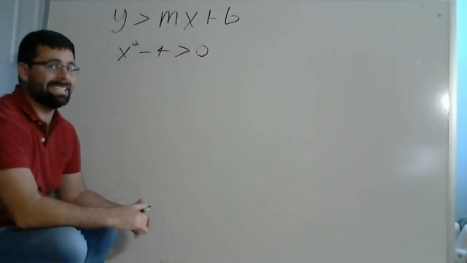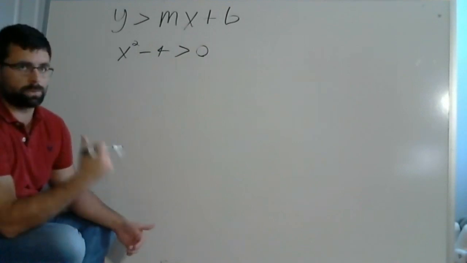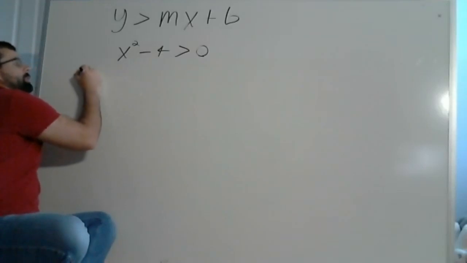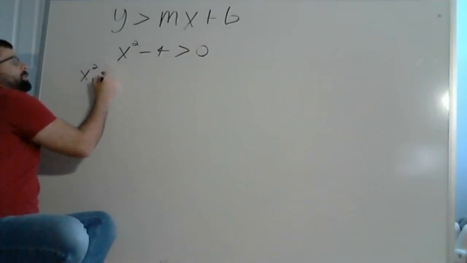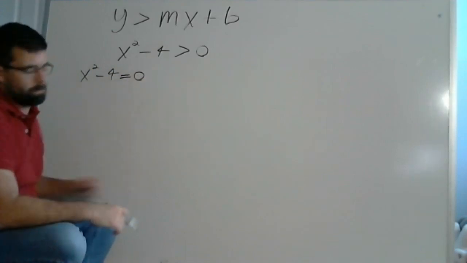The way we solved these is, first step, make it an equation. So this would become x squared minus 4 equals 0.